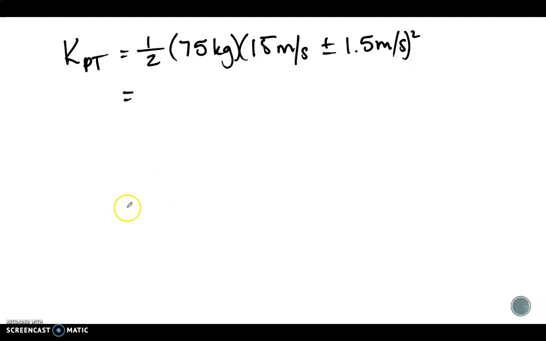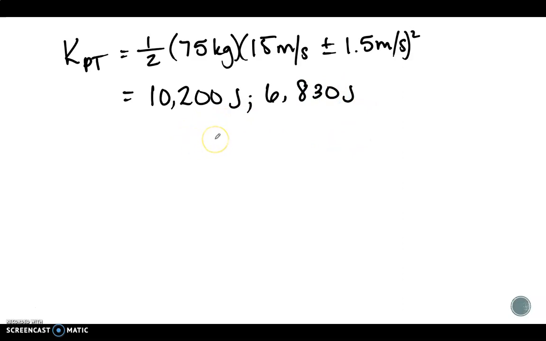Okay. So that answer would give us about 10,200 joules, or with 15 minus 1.5, that will give us 6,830 joules.